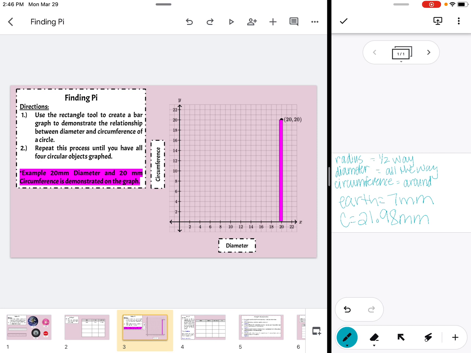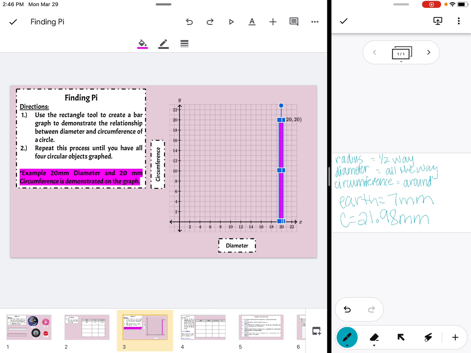If you look, I've already done an example for you. Let's say that I had an object that had a diameter of 20 millimeters and a 20 millimeter circumference. So this one happens to be the same. They're not all going to be the same, but this one just happens to be. What I did was I used my little table here at the bottom. I went over to diameter of 20, and then from there I went all the way up to circumference.